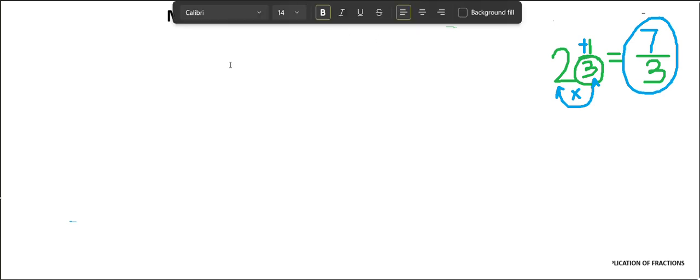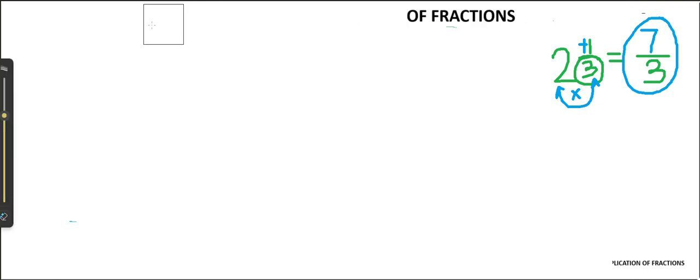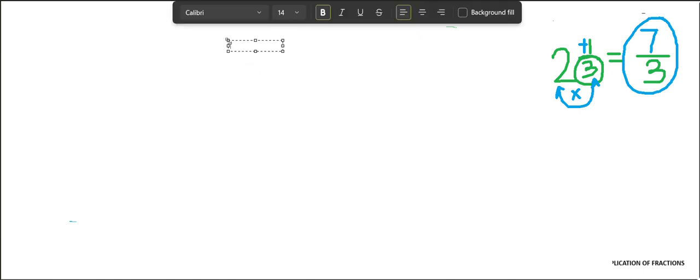I'm going to type over here really quick. I'm going to change the multiplication to division.